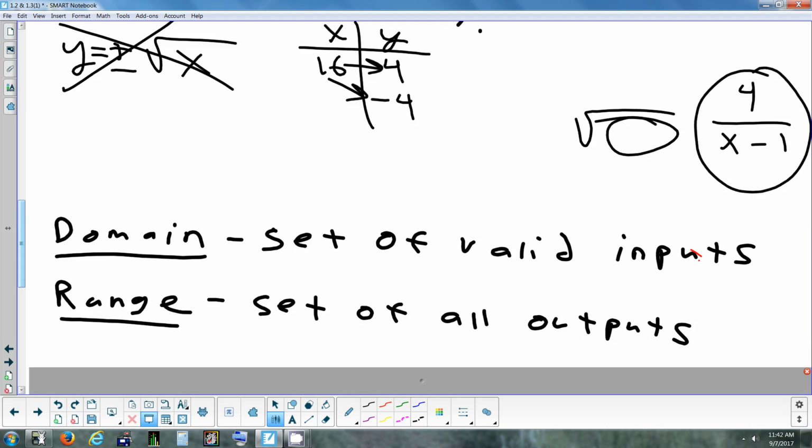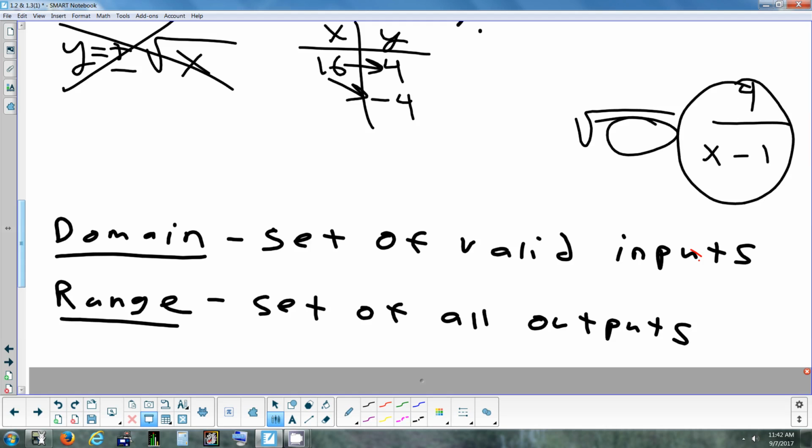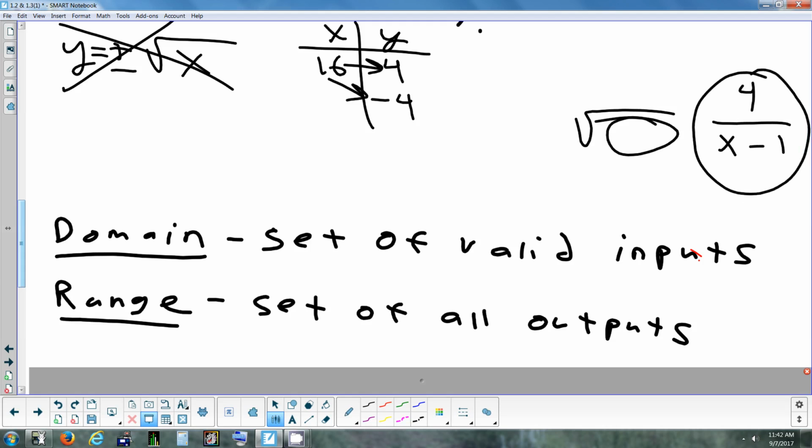You just can't plug in 1, because then you divide by 0. So those are the two big things you want to look out for when you're doing domain. Make sure you don't divide by 0. Make sure you don't take the square root of a negative number. So in the problem I just circled, if they asked for the domain, I would say all numbers except 1. That's what I would write down.